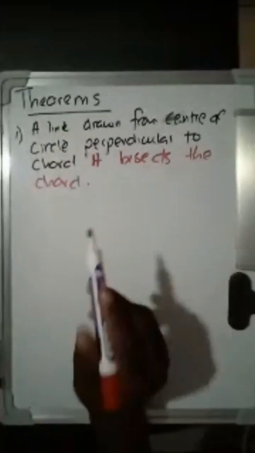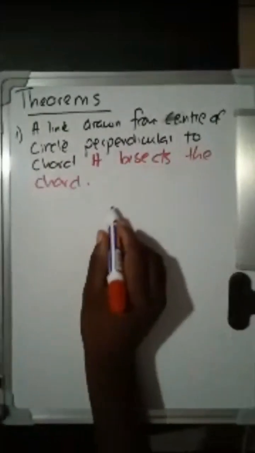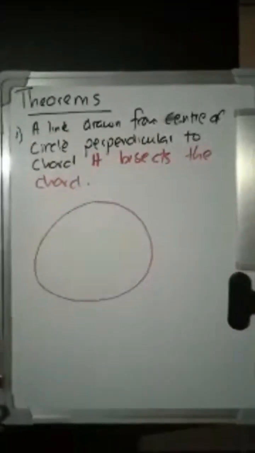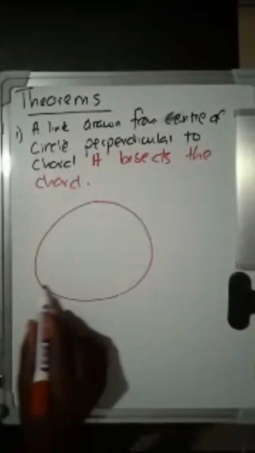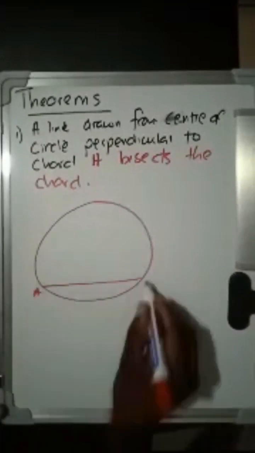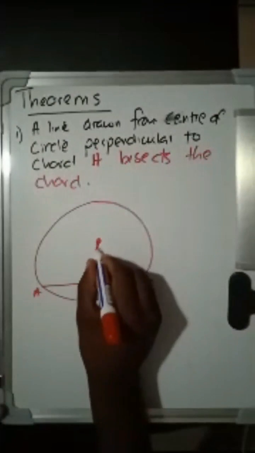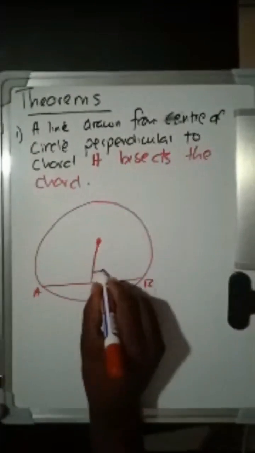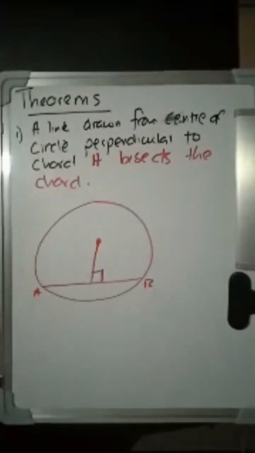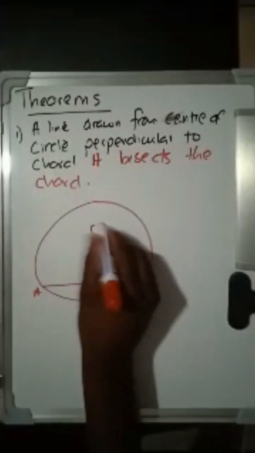Okay. So now I'm going to draw a circle to show you. I draw the circle there. Then I draw a chord, which is called AB. Then we have a line that is drawn perpendicular to chord. So center, usually we call it center O.